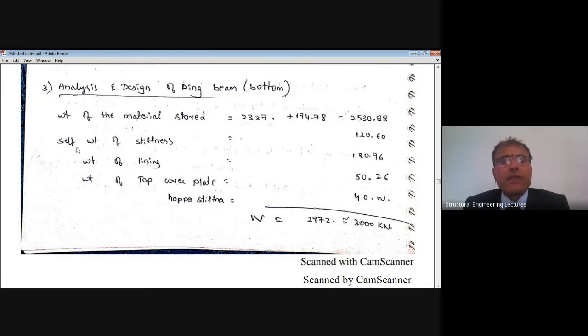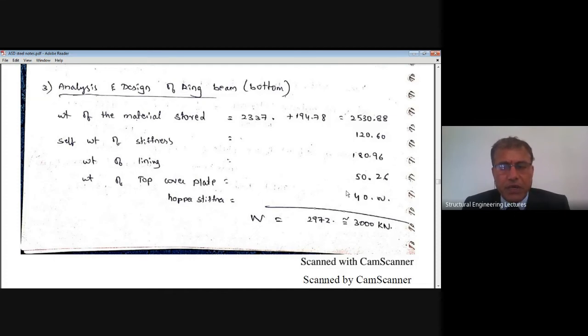Also the self-weight of the stiffeners we already calculated in the previous subheading, I'm just recalling, 120.6 kilonewton, and self-weight of the lining already calculated, 180.96, and the self-weight of the top cover plate also calculated as 50.26, and the hopper stiffener weights including its self-weight is assumed as 40 kilonewton.